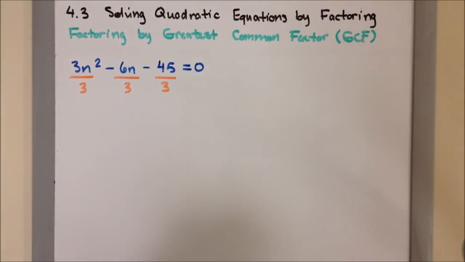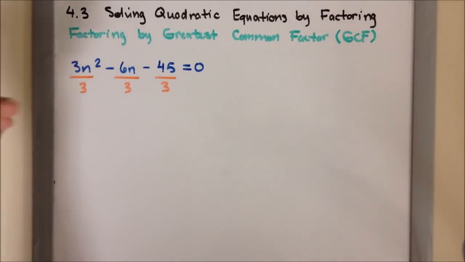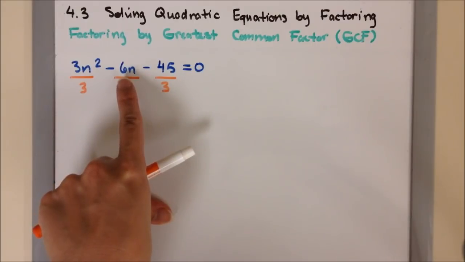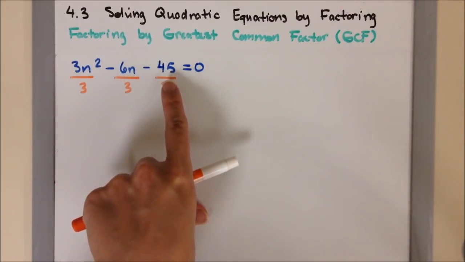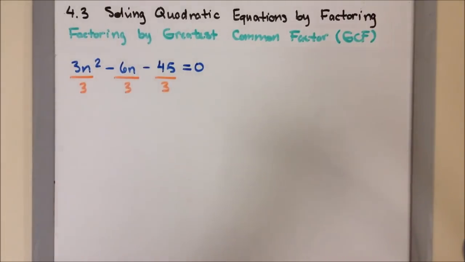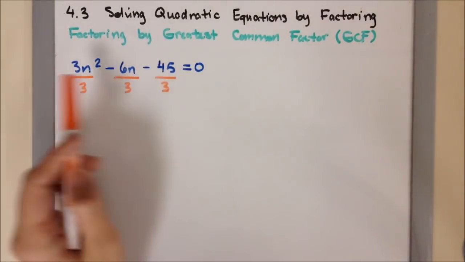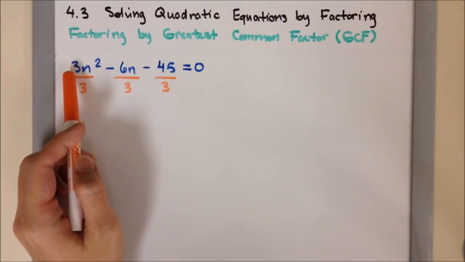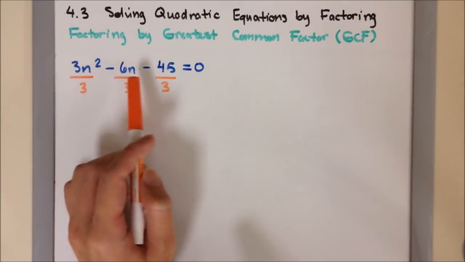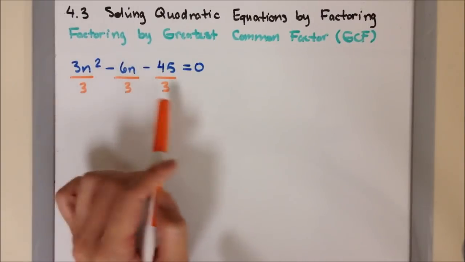So again, I repeat, you are able to divide the quadratic term, or the A, the linear term, or the B, and the constant term, which is the C, all by 3. Now, I use 3 because that's the lowest common number to check if you can divide all 3 terms by the same number.